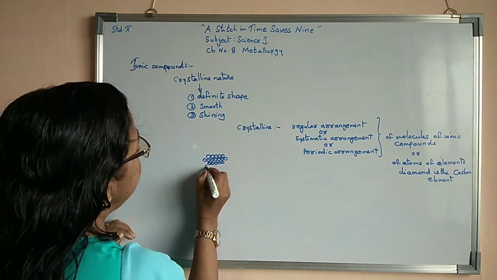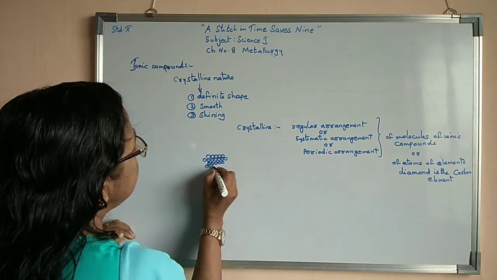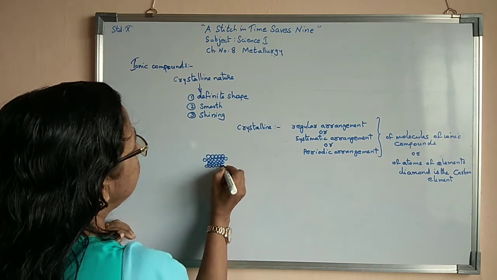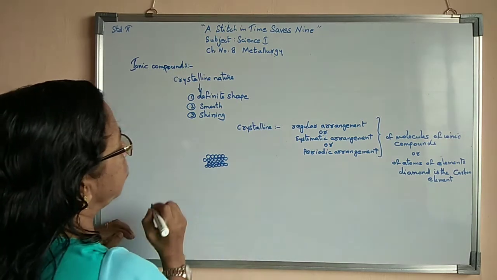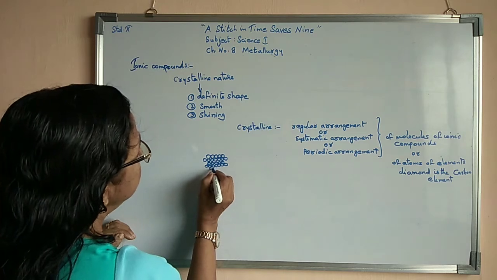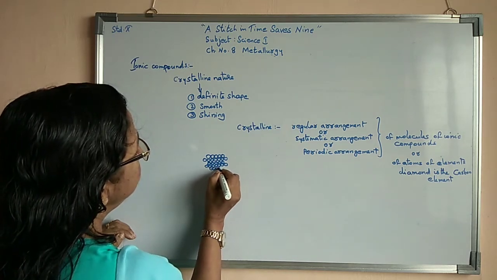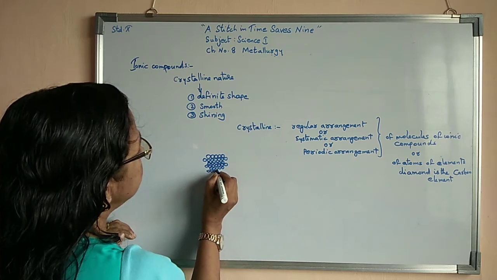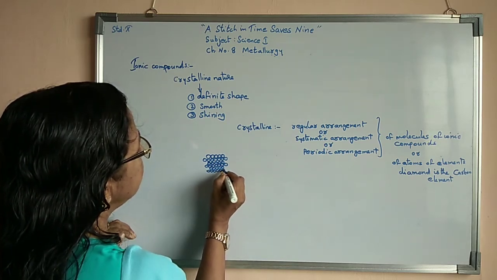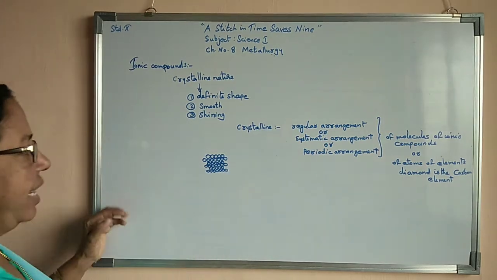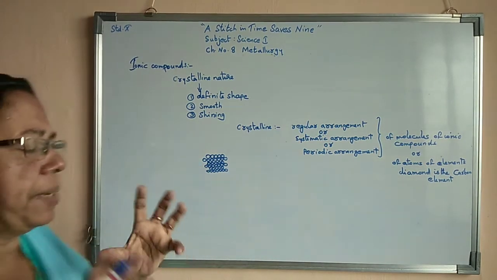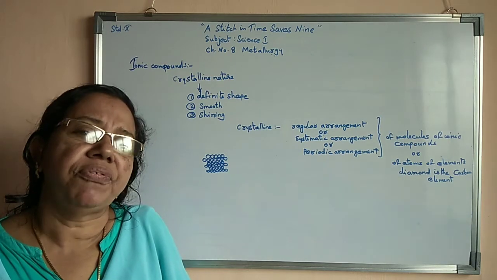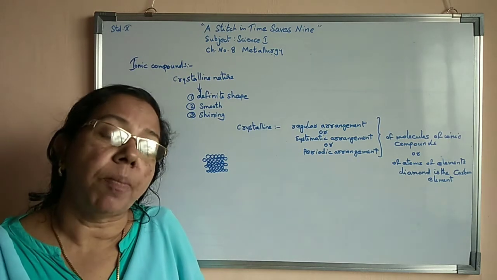Next again a very proper, very systematic, careful arrangement. Again the same way 5. Next will be 6, not 7, one will be added on both sides. So there is a definite pattern of arrangement of molecules of the ionic compound.